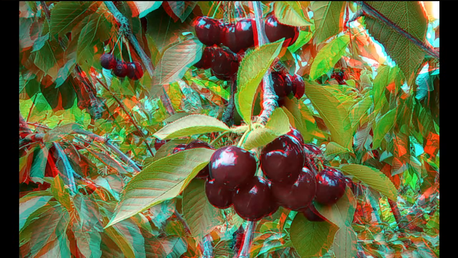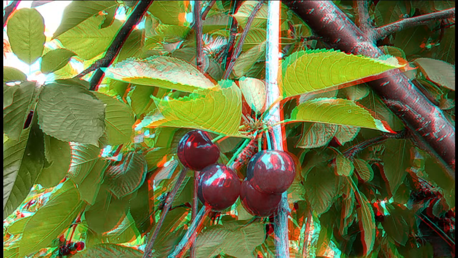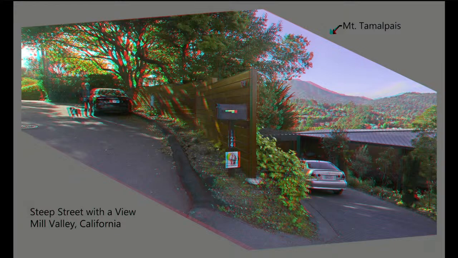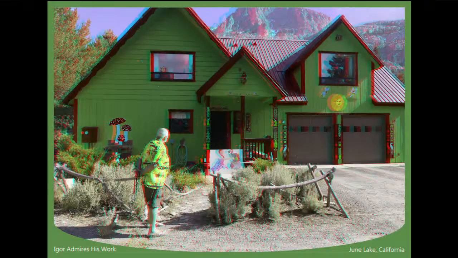I will start now, starting with Jay, Special Cherries 2. Next is Special Cherries 3 by Jay. Cyclist Enters the Bay Trail by Oleg. Hawk Hill Driveways by Oleg. Igor Admires His Work by Oleg.